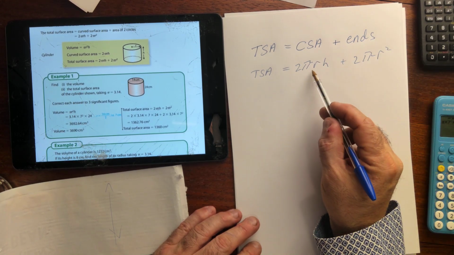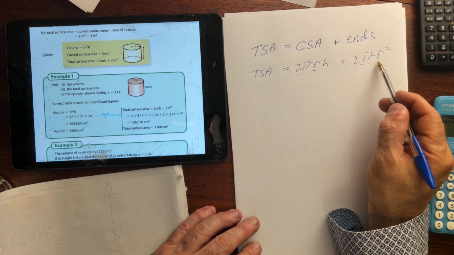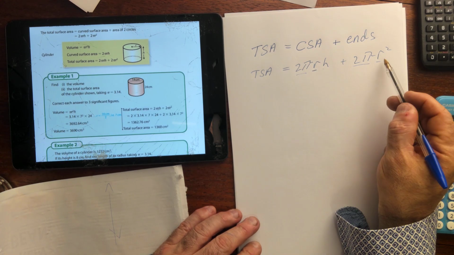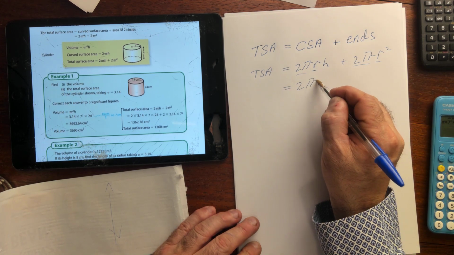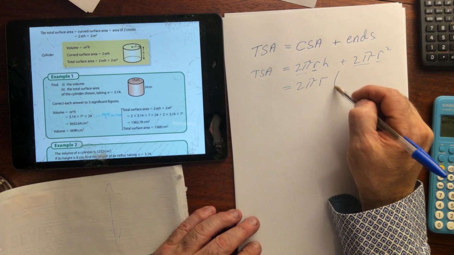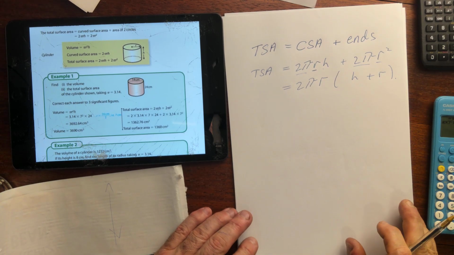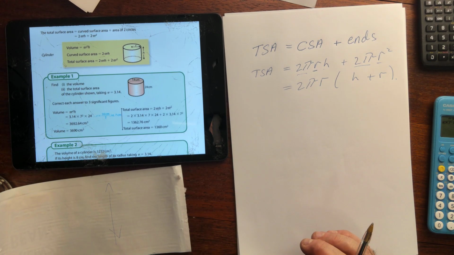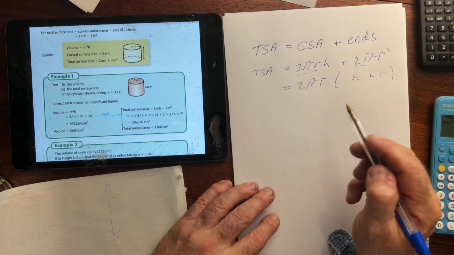So if you look at this carefully, you see they're both 2 pi. They both have an r in them, but this one has rh and this one has r. You could even do a very fancy piece of maths and factorize out 2 pi r, giving h plus r. Okay, it's a cool thing you could do. Right. And so we can fill them in to either this one or this one.